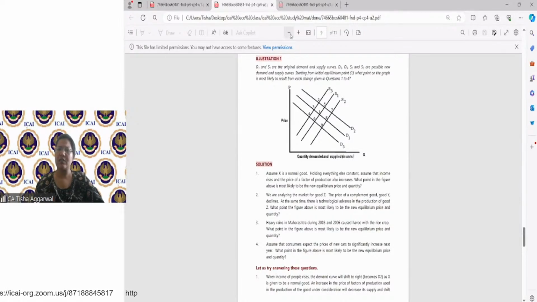D2, D3, S2, S3 are the possible new demand and supply curves. Starting from the initial equilibrium point 1, what point on the graph is likely to result from each change given in questions 1 to 4? So primarily these are the questions.